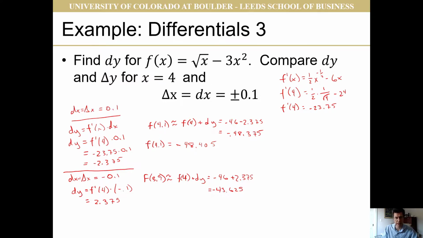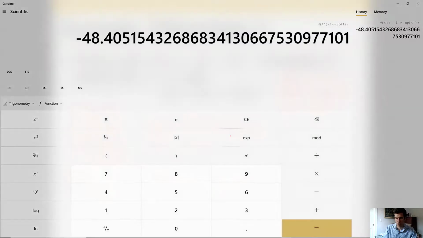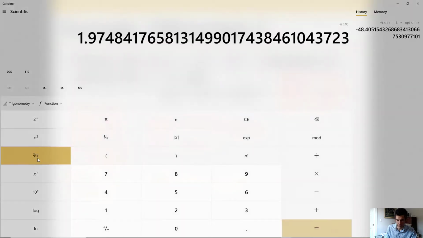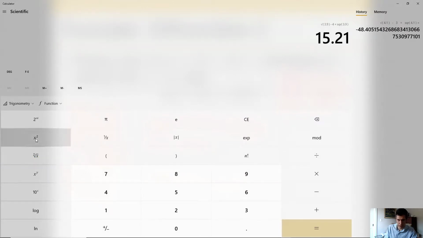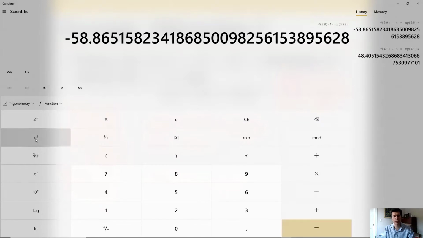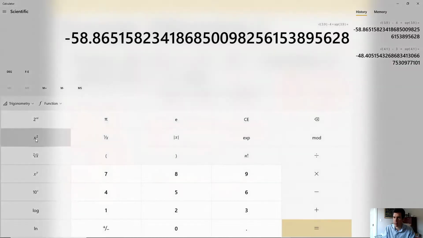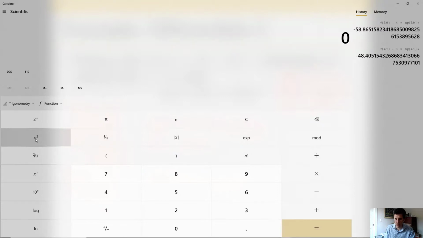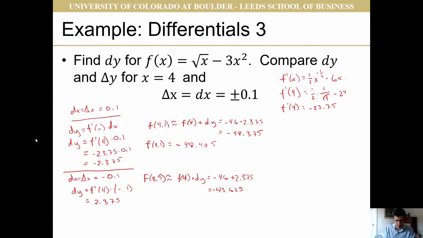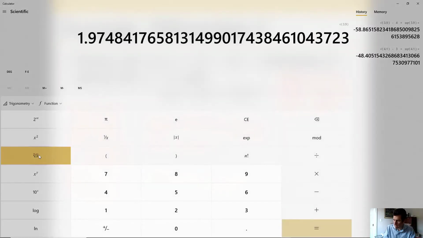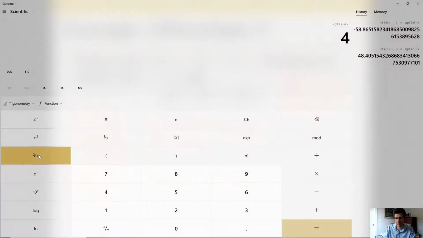And we want to do f of 3.9 as well. 3.9, what was the function? Square root of x minus 4 times 3.9 squared, negative 58.86. Something went horribly wrong there. Let's try that again. Oh, it's not 4 times, it's 3 times.